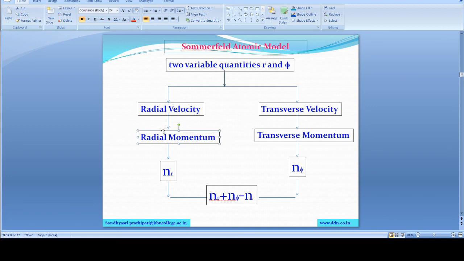So, we need a quantum number nr for radial momentum, n phi for transverse momentum. But the condition is nr plus n phi is equal to n. What is nr? Radial quantum number. What is n phi? Transverse quantum number or azimuthal quantum number. The sum of these two quantum numbers, Sommerfeld quantum numbers, is equal to n, which is nothing but the principal quantum number in Bohr's atomic model.